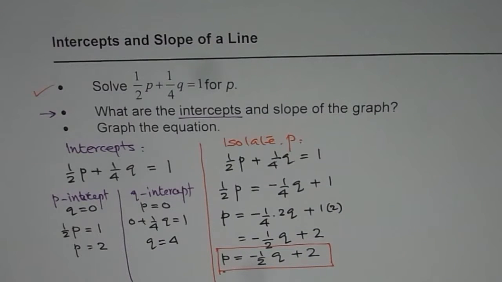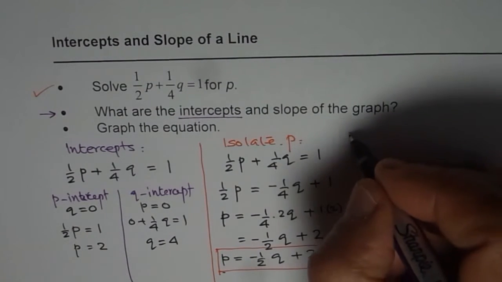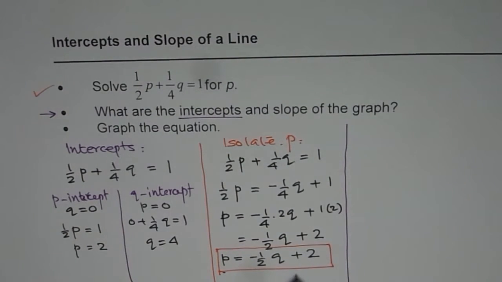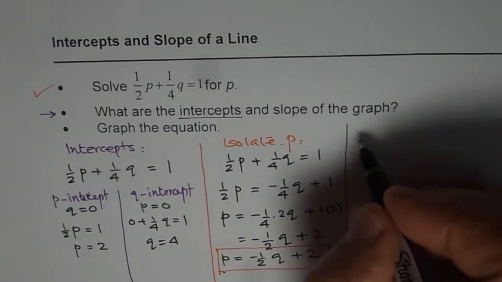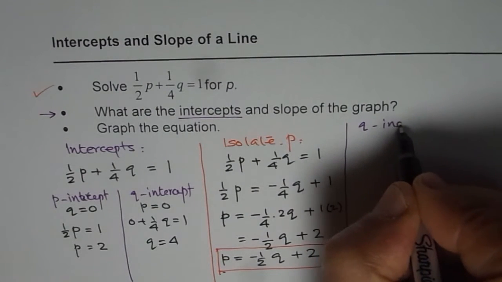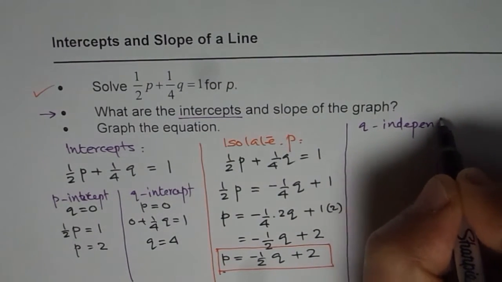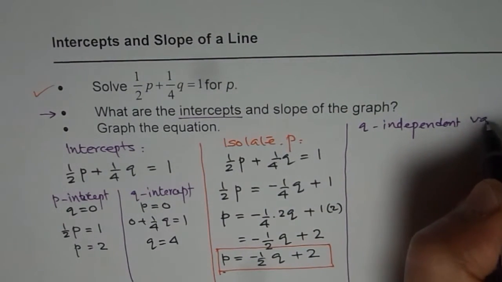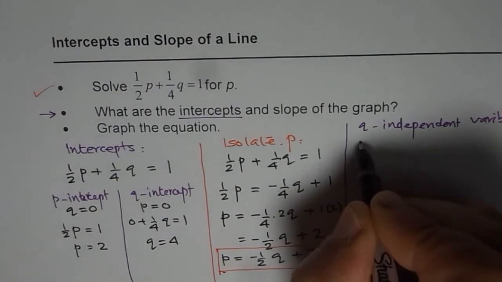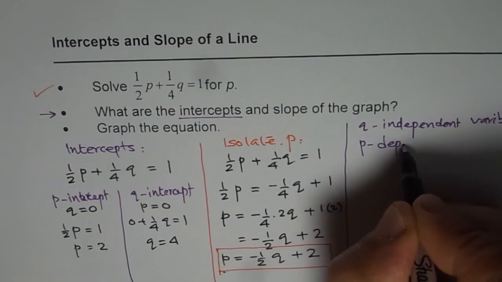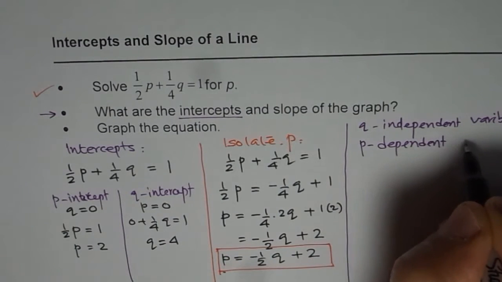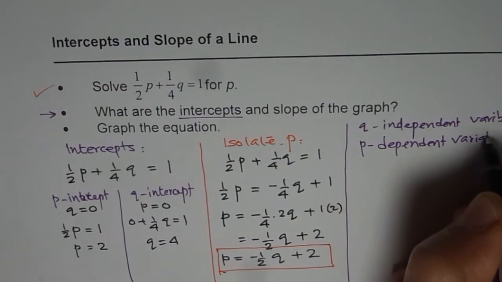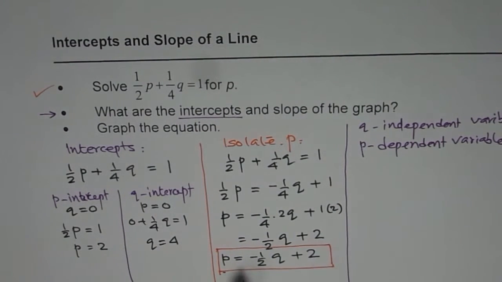Now when I isolate p in terms of q, I can treat this equation as a linear equation where q is the independent variable and p is the dependent variable. And from the equation, I can also read what the slope is.